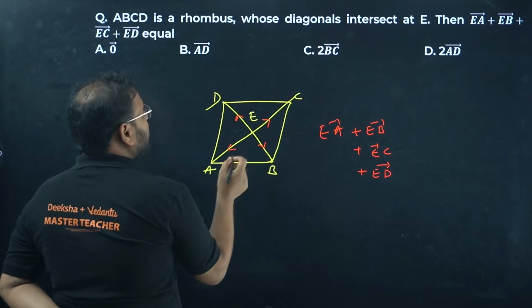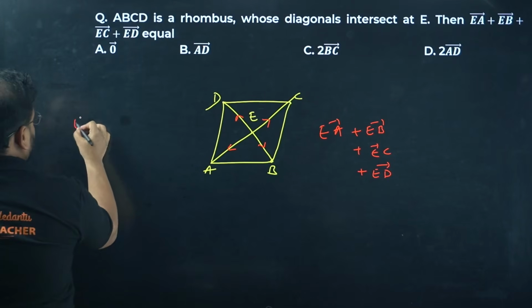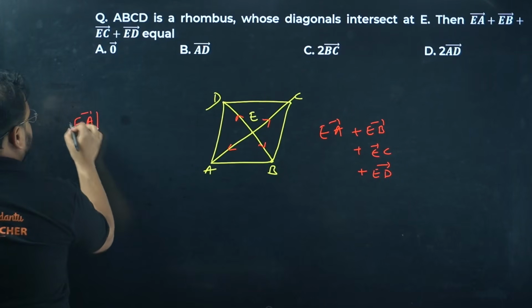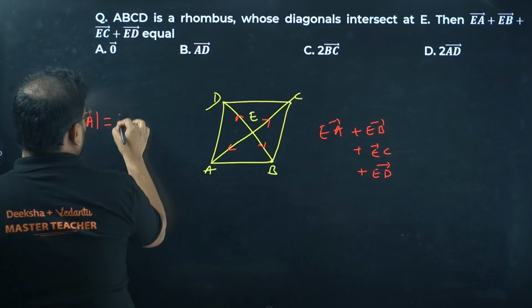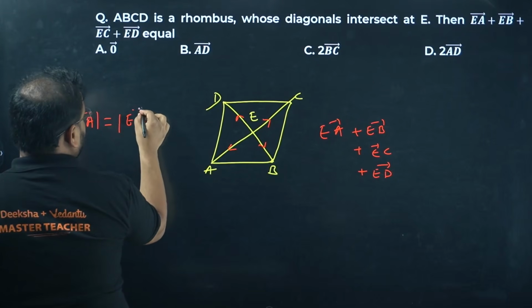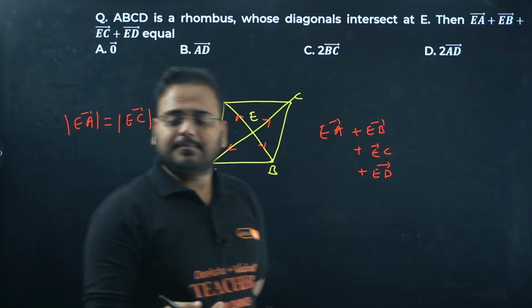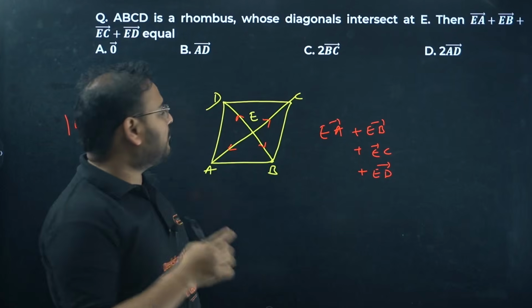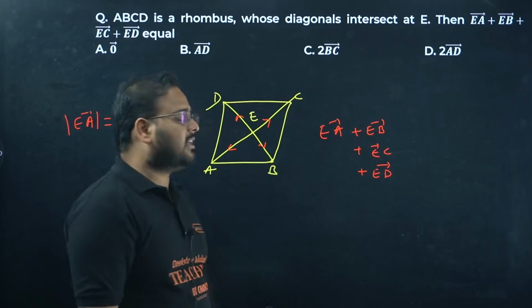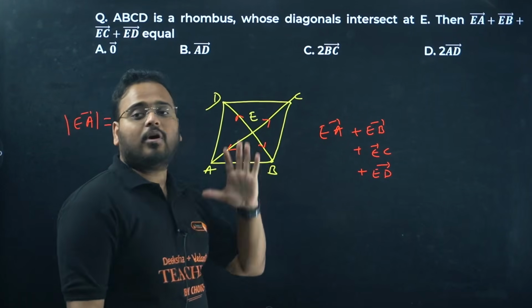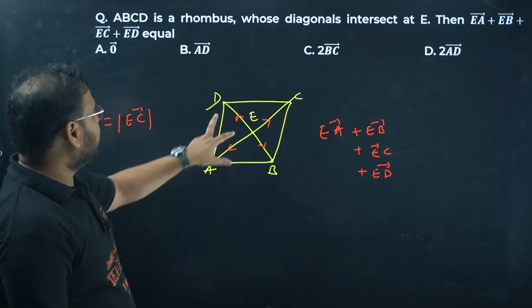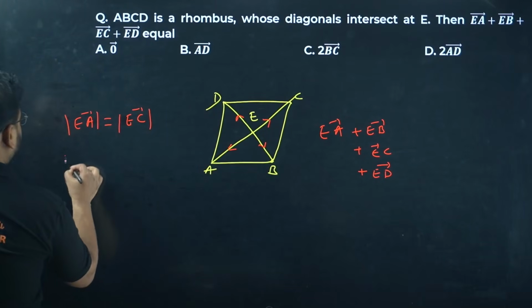So basically we know that the length EA is equal to the magnitude of the vector EC. What is the reason? Because we know the diagonals of a rhombus bisect each other. Means the lengths EA and EC are always equal. Same way, ED and EB are also equal.